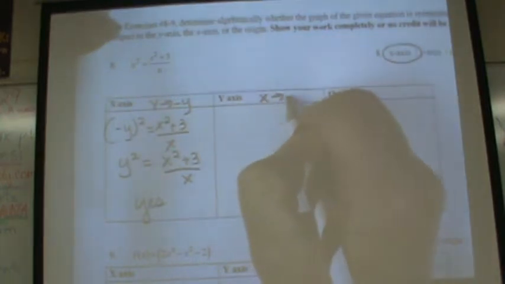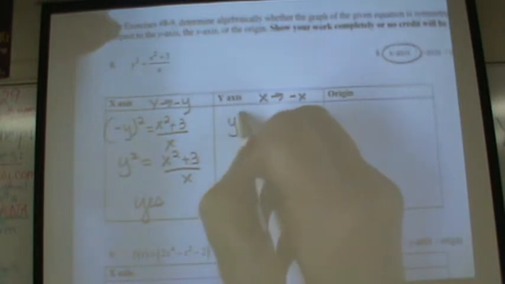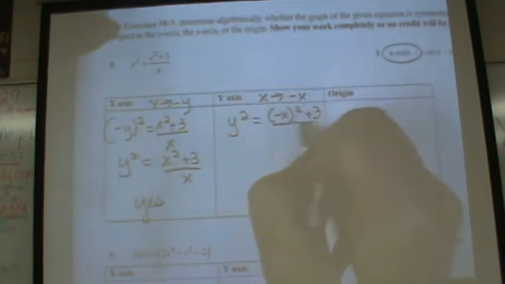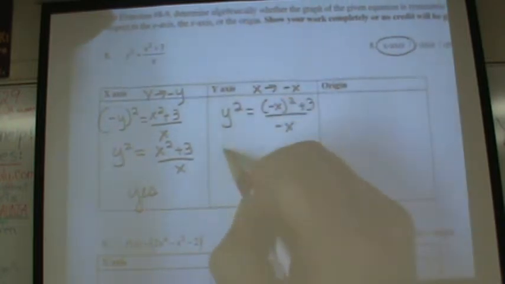Does this have symmetry to the y-axis? What you do is you replace x for -x. So I have 2 places where you have an x. So y squared, does this equal -x squared plus 3 over -x? Well, if I clean this up, this will come positive.